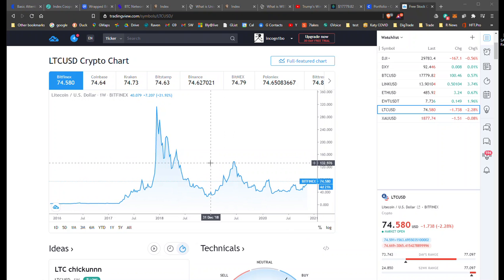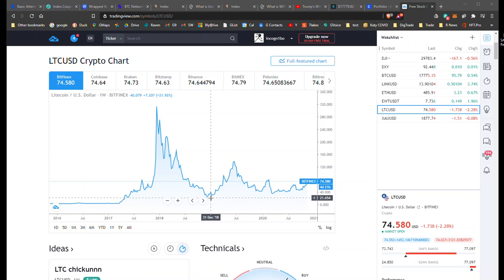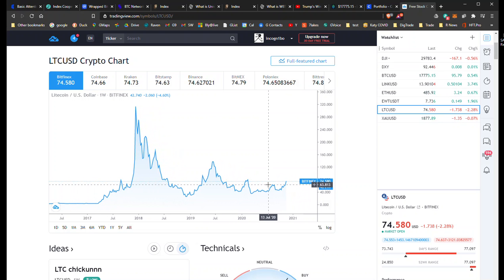So my strategy has been to always own stuff that is trending upwards, and Litecoin is not. It did get past this old high, and to get past this old high, then it would start trending up more so.